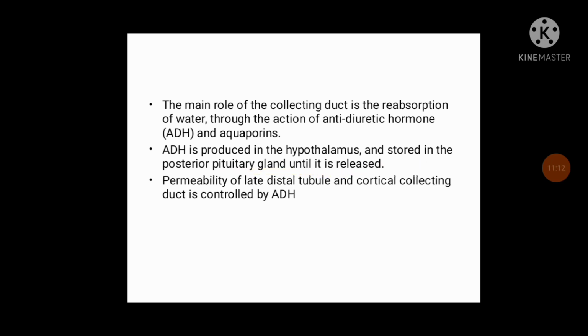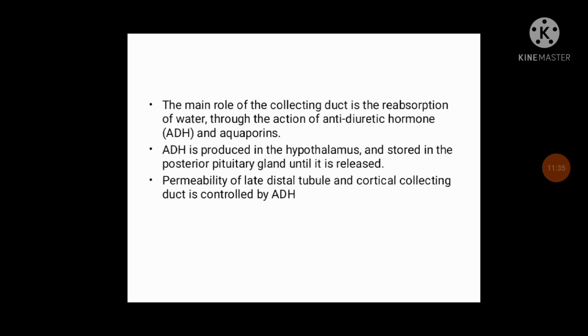The anterior hypothalamus has osmoreceptors. They detect the plasma osmolality. If the plasma osmolality is very high, the osmoreceptors in the anterior hypothalamus are stimulated, and they stimulate the posterior hypothalamus to release an excess amount of ADH.